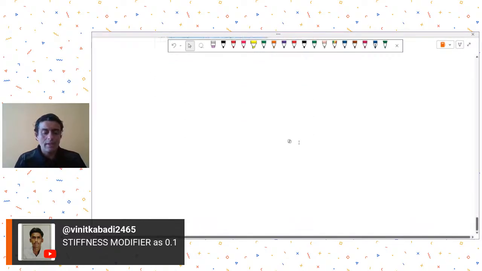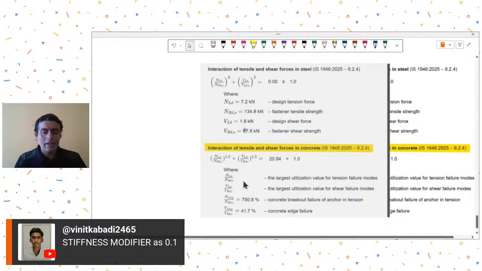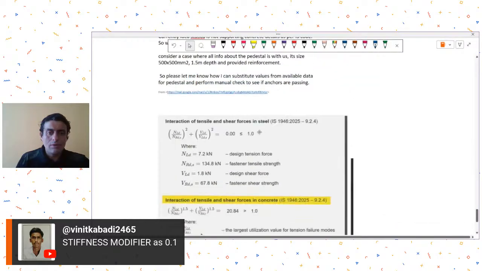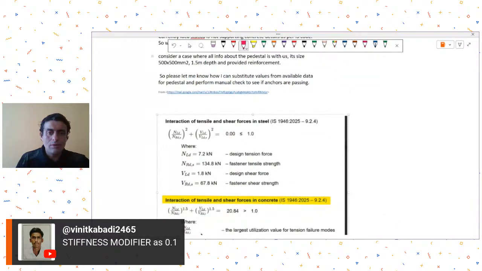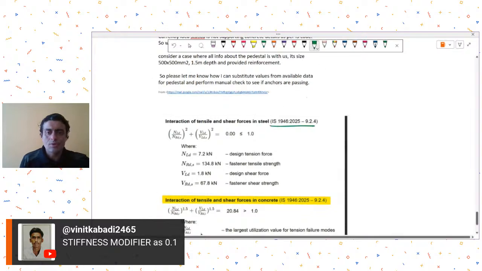I didn't know that Idea Statica checks. I think this is the newer version which checks the anchors also as per this code. So I was not aware of this until Mr. Vasu informed me.